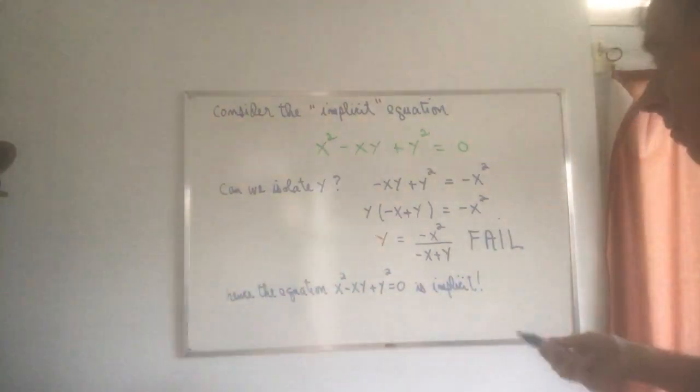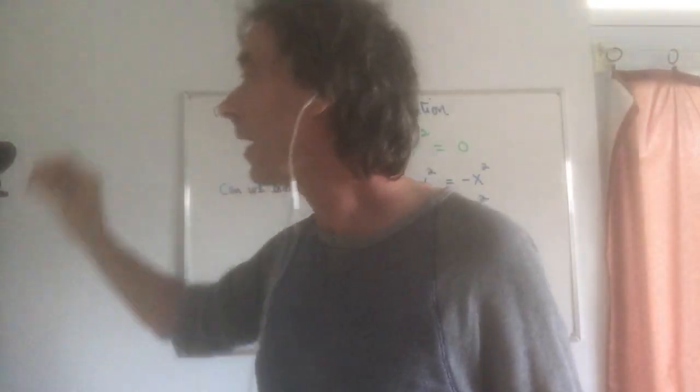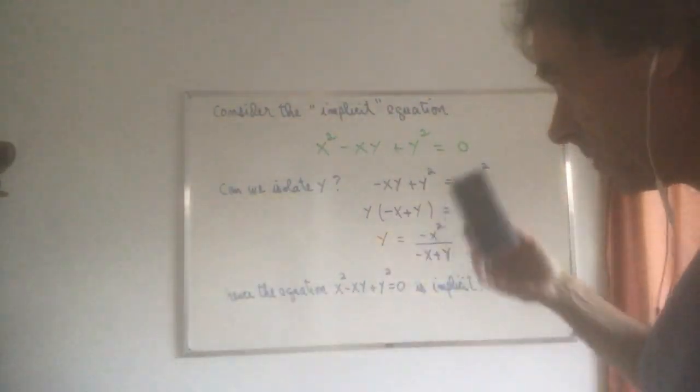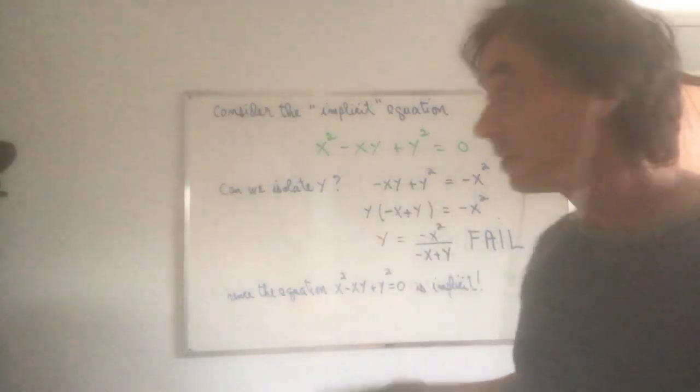It simply fails. That being said, if we can't isolate y, it doesn't mean that we cannot take the derivative. And since the object of the course is to derive functions, let us see how this can be done.